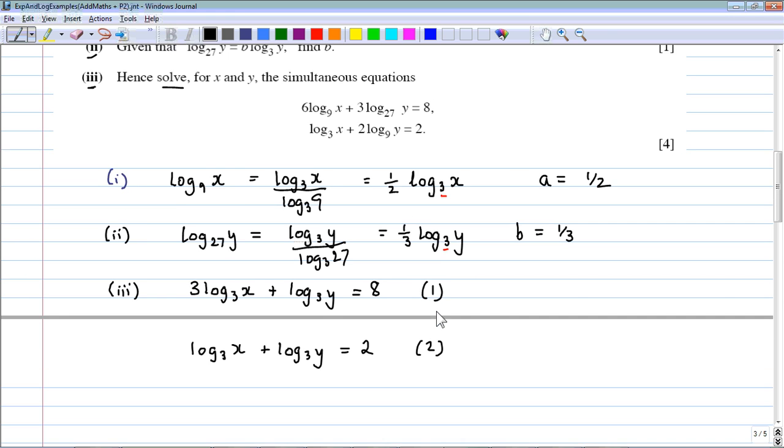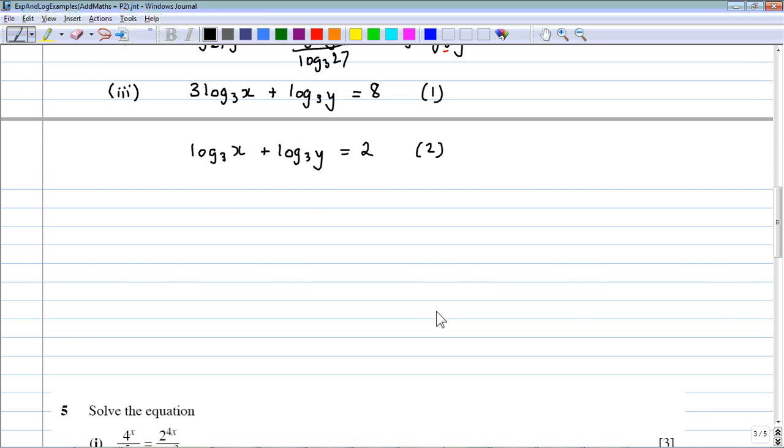Now we have a very trivial system of equations, so I'm just going to subtract 1 minus 2, which gives me 2 log base 3 of x equals 6. Therefore log base 3 of x equals 3.